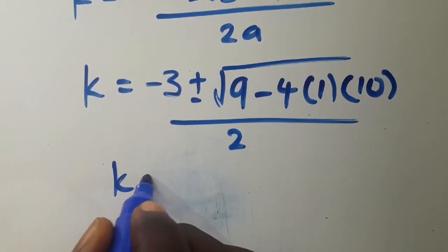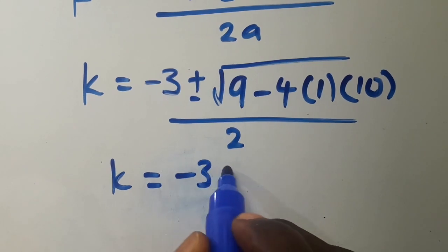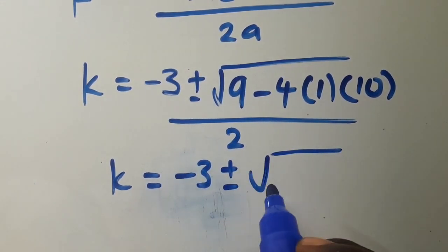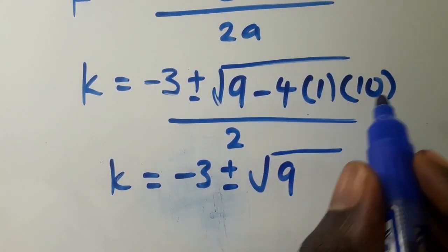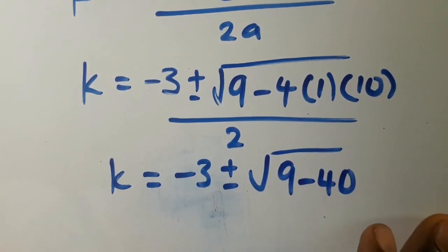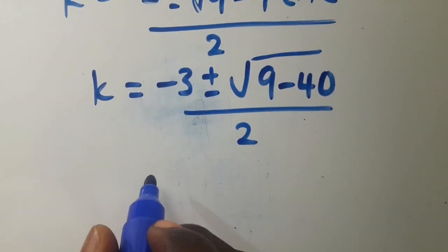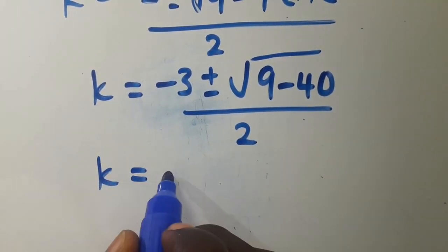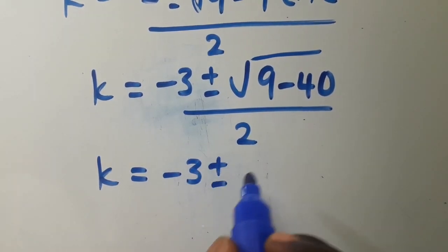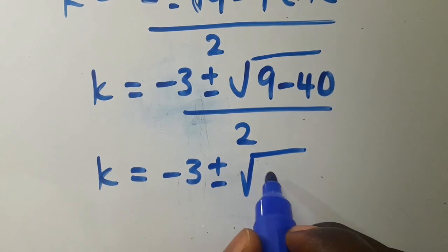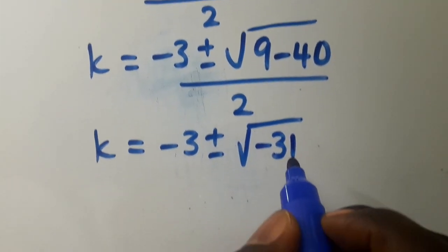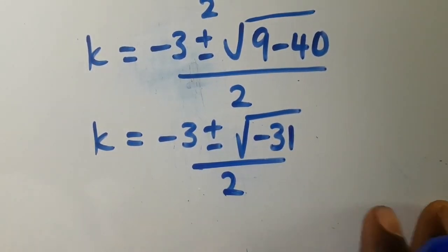Then k equals minus 3, plus or minus the root of 9 minus 4 times 1 times 10, which is 40, all divided by 2. So k equals minus 3, plus or minus the root of 9 minus 40, which is minus 31, divided by 2.